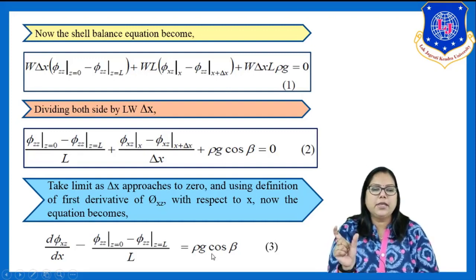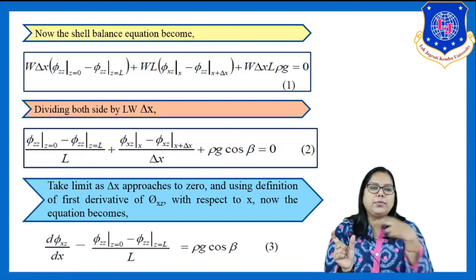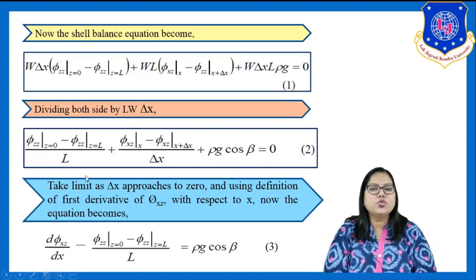Rho g cos beta remains on this side and the other two terms I am taking on the other side, taking the delta x limit to 0. So the second term of equation number 2 will become d phi xz upon dx, and the remaining two terms remain the same. This is my equation number 3.